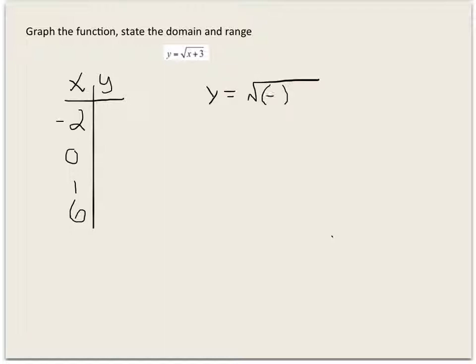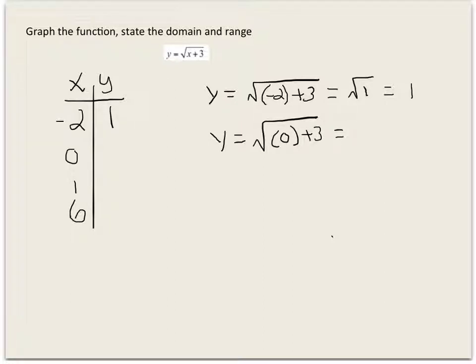So you plug in -2 plus 3, and you get the square root of 1, which is 1. And so that's your y value. Do it again for 0. You get square root of 3, which is a decimal, which we said we were going to avoid, but that's okay.